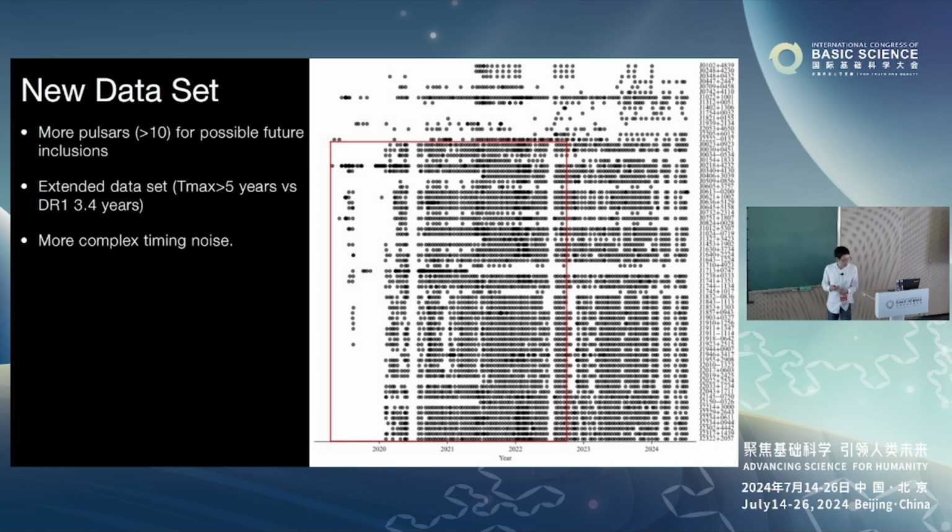So you could have more gravitational wave power within our data, and with more pulsar pairs you can expect higher sensitivity. However, in this longer data, the timing noise and the DM also become much more complicated, so we are still working on that.